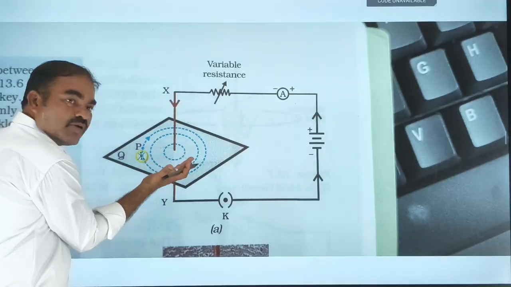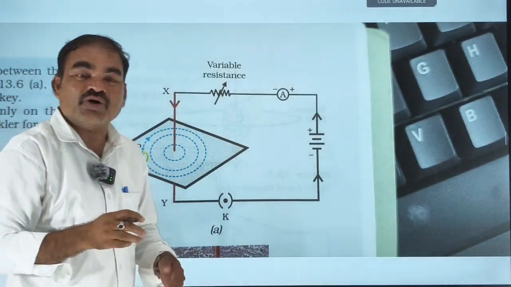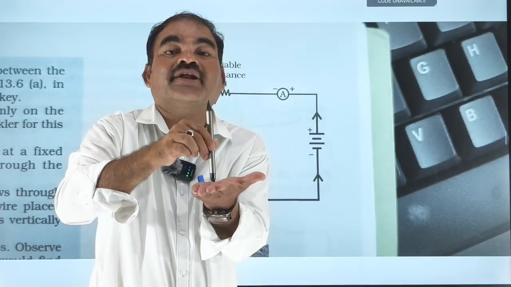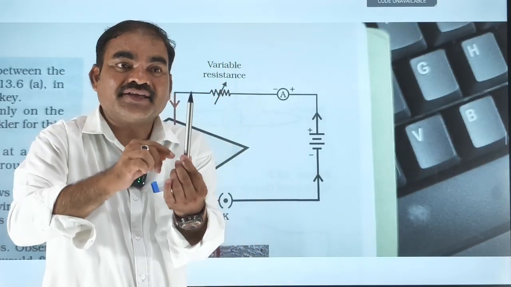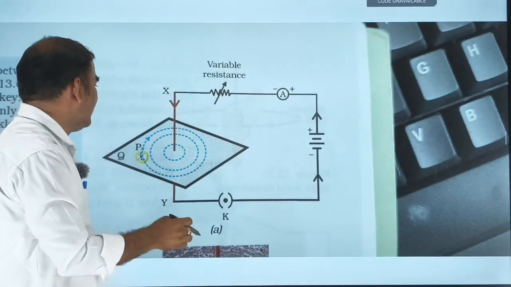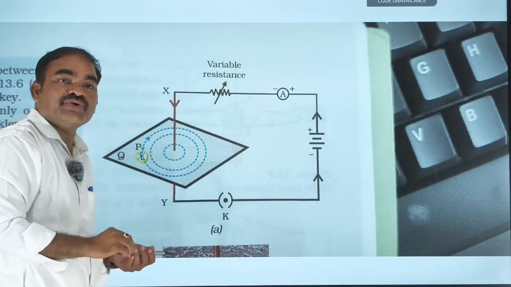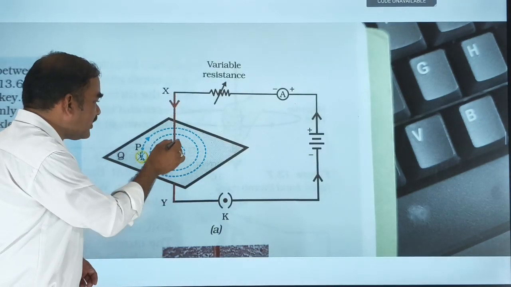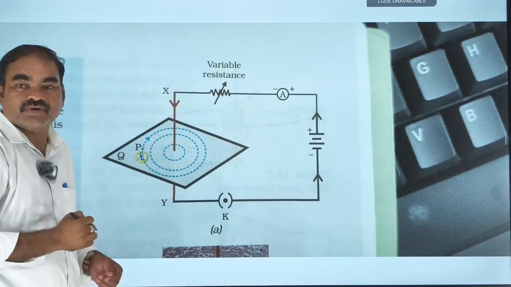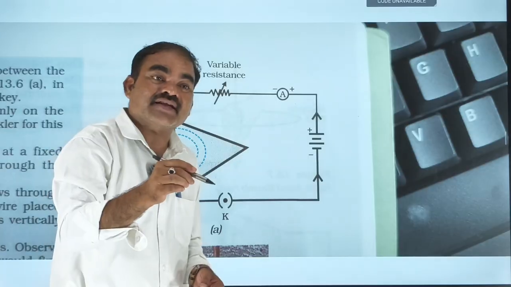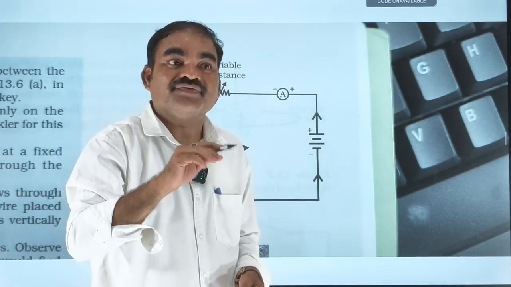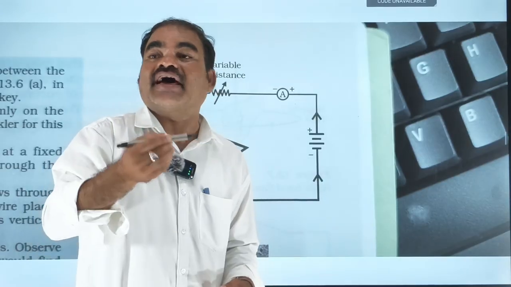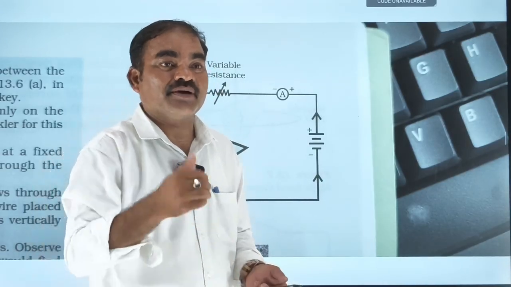Okay. And here one cardboard is placed. The current carrying conductor and the cardboard are perpendicular to each other. When current is passed through this conductor, we put iron filings on the cardboard. Then concentric circles will be formed. These concentric circles are called magnetic field lines, and they have direction, as I told you in the beginning.